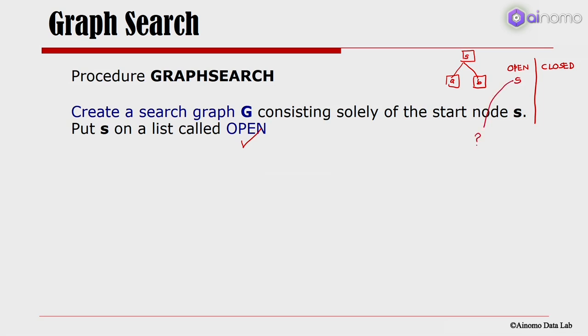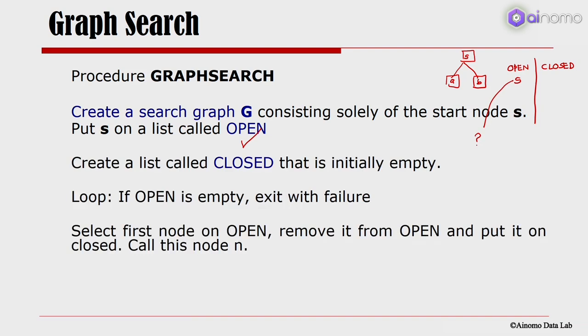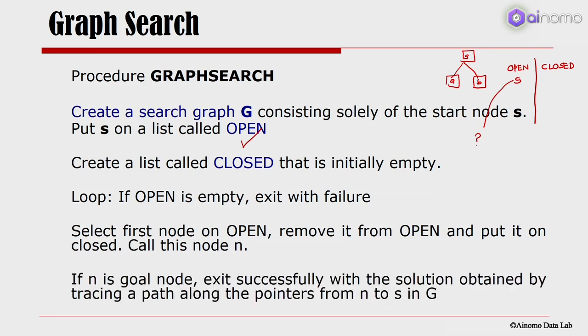So we pick up S, and what we want to check now is whether S is the goal node itself. If not, we generate its successors. If S is the goal node, we have nothing to do. We must come out and exit. That's the check here.